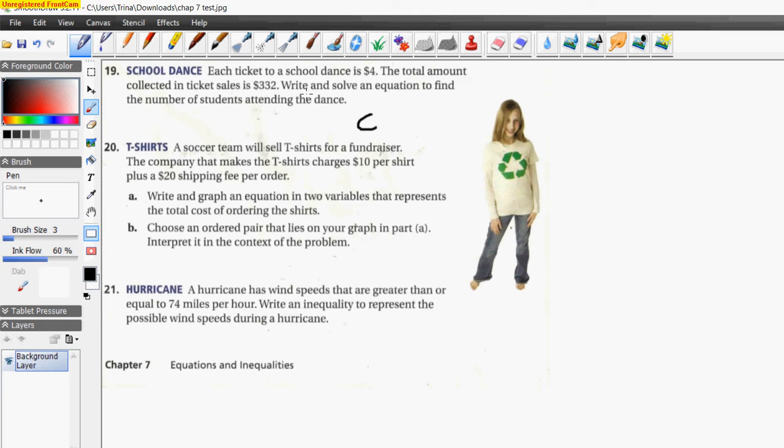I'm going to write down cost of each ticket, okay? Cost of each ticket. Then I'm going to go under this and I'm going to times that.